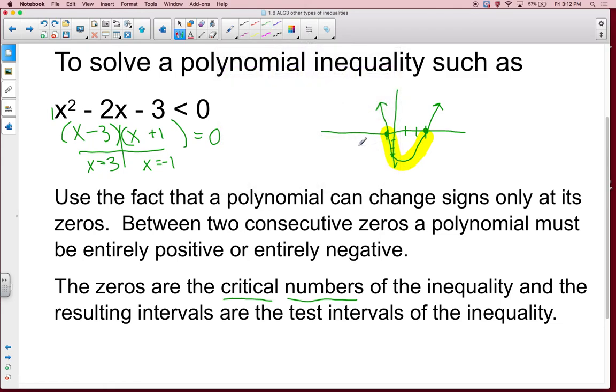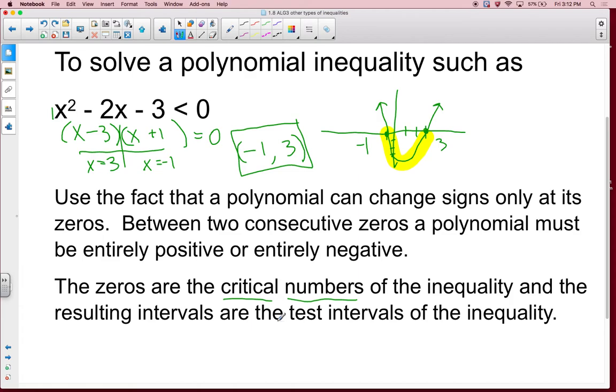This was negative 1. This was 3. Therefore, my answer will be from negative 1 to 3. Since it's just less than, I am not including negative 1 or 3. So this is my answer, negative 1 to 3, not including them. That's why we use the parentheses. If it was less than or equal to, we would use brackets, and it would tell us that we are including the critical values.